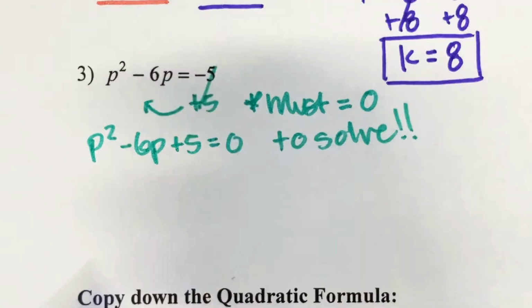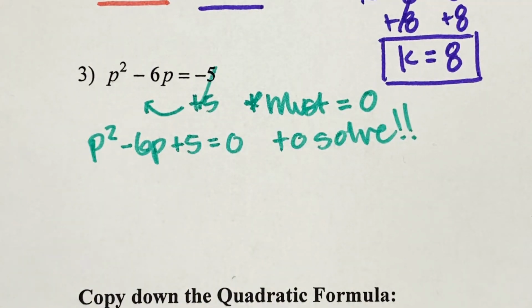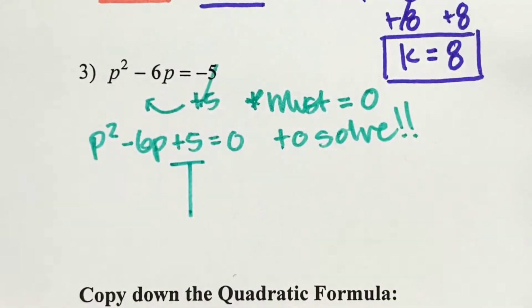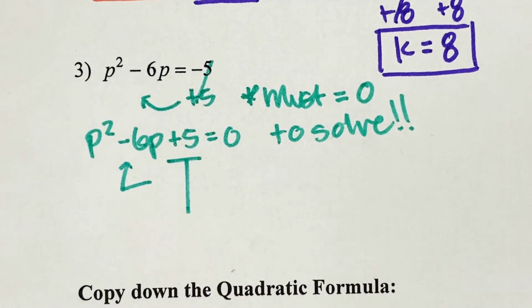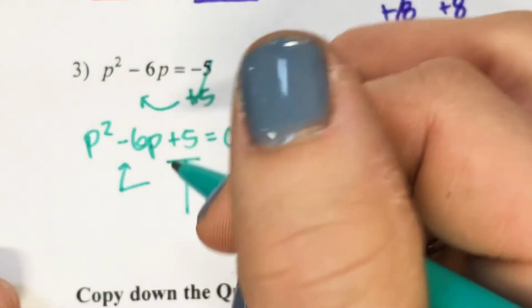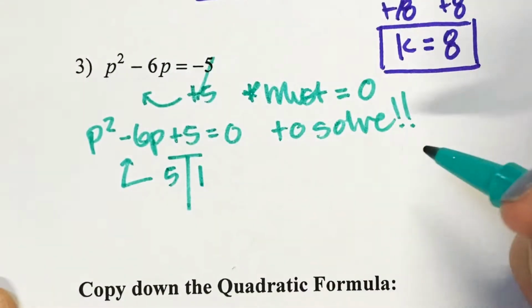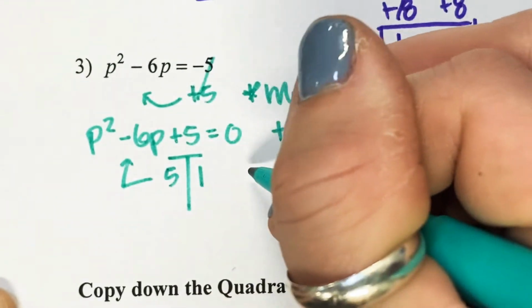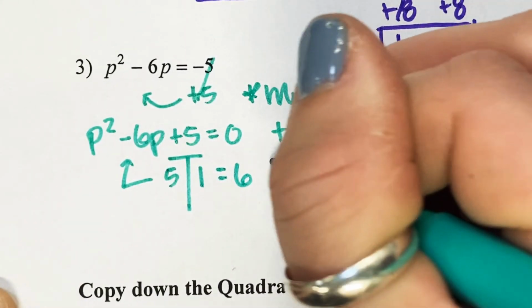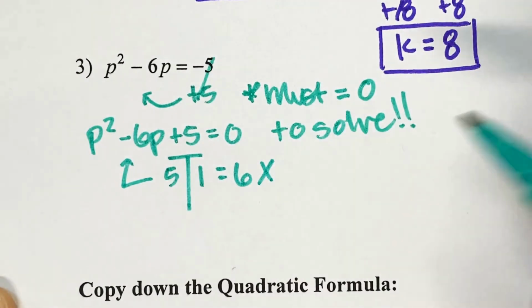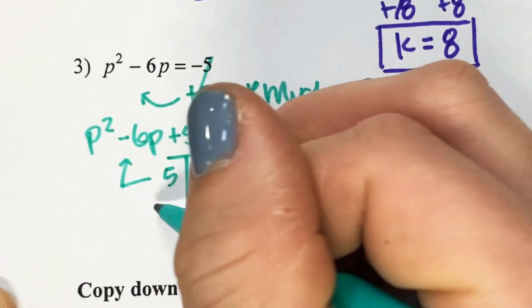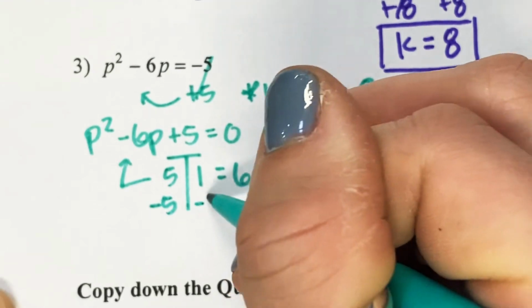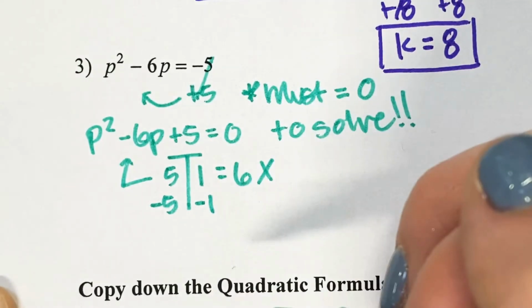Okay, so I need two numbers that are going to multiply to 5, but add to -6. Okay, well maybe let's try 5 times 1, right? 5 plus 1 is going to give me +6. We're not looking for a +6, we're looking for a -6. Okay, well remember, a negative times a negative also gives me a positive.